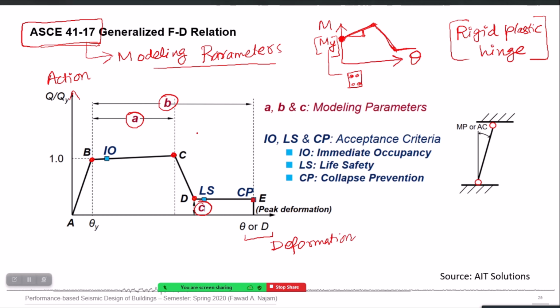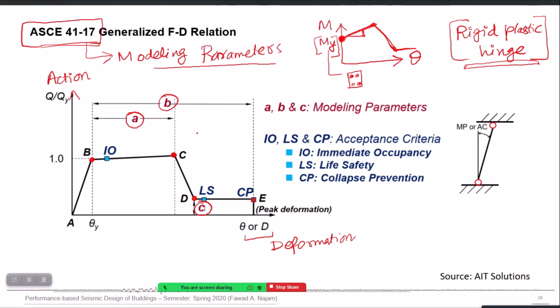Therefore all the hinges in SAP2000 and ETABS are like rigid plastic hinges, which means you don't need to define the initial straight line from A to B. You can just start them from B onwards, because from A to B the program already has that behavior, so we don't need to define it.